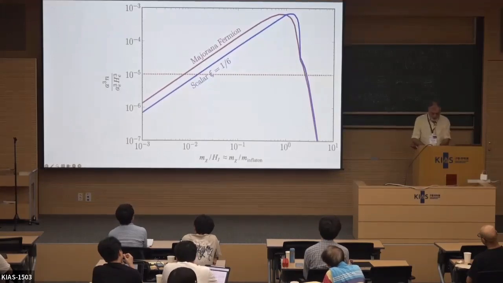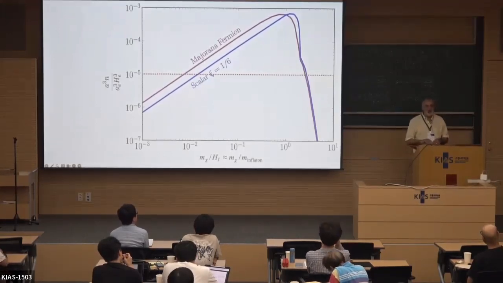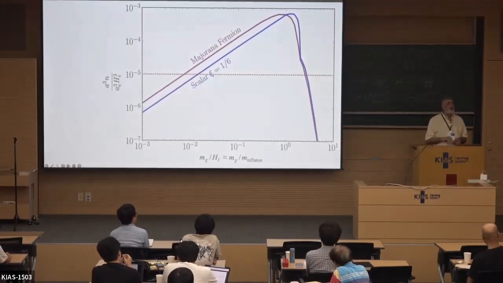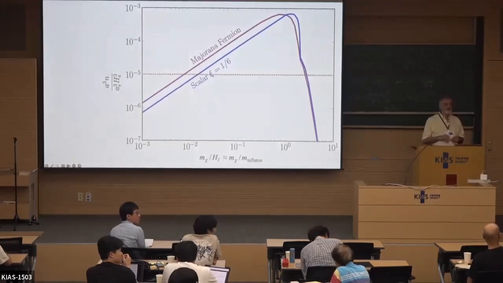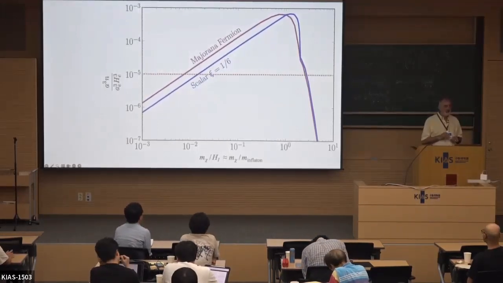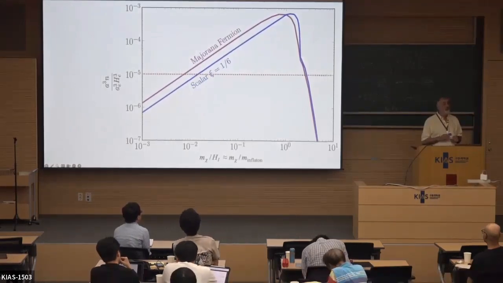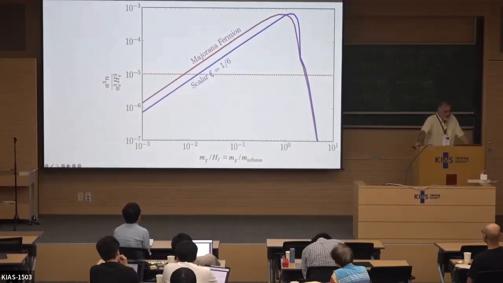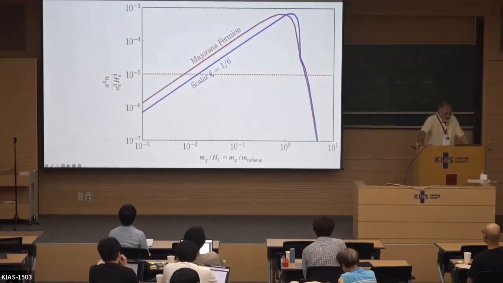So, I spent a lot of time developing the formalism and insight with scalars because it just translates here into fermions. Yes. So it seems like the general slopes are quite similar. If I compare the two cases, the Majorana fermion and the conformally coupled scalar cases, generally the slope is very similar.